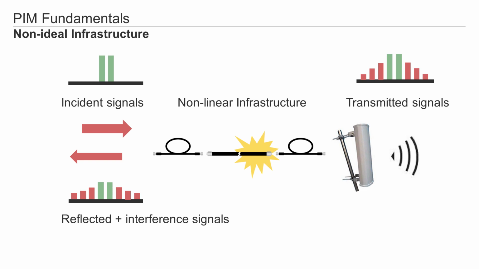If there is a connectivity issue and RF signals are input on the coax cables, new signals will be created by this non-linear infrastructure. This is called PIM, passive intermodulation. Additional signals are not good for the system, as they create interference and additional noise.